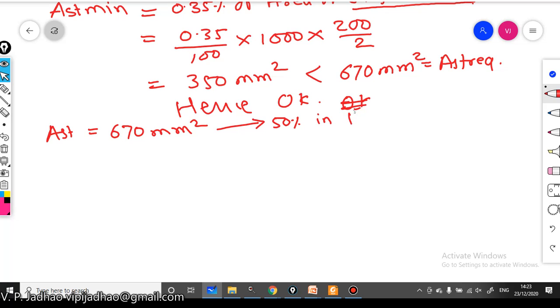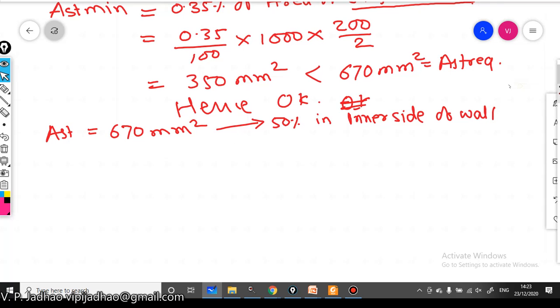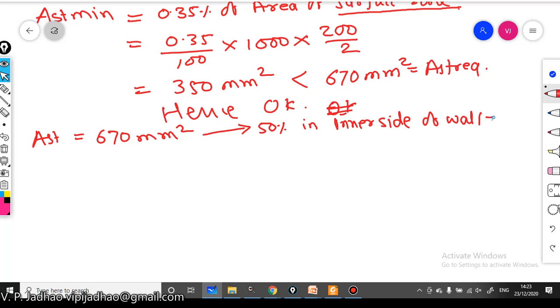50% of this 670 will be provided on the inner side, so 50% is equal to 670 divided by 2, and the remaining 50% will be provided on the outer side of the wall.